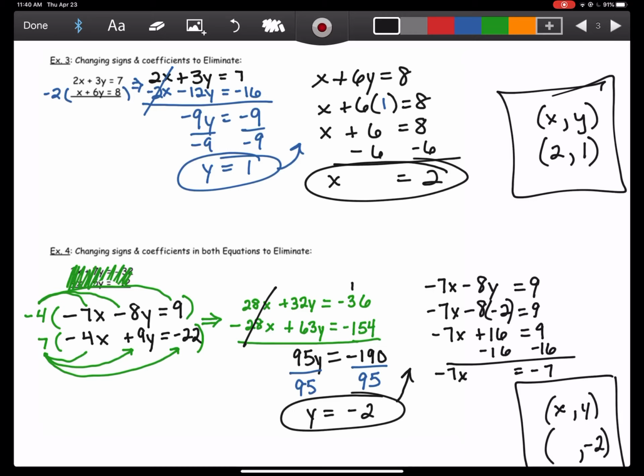And we get, divide by negative 7. Ran out of room here, huh? Divide by negative 7 on both sides, and we get x equals positive 1. There's our other answer. Write it into the ordered pair.